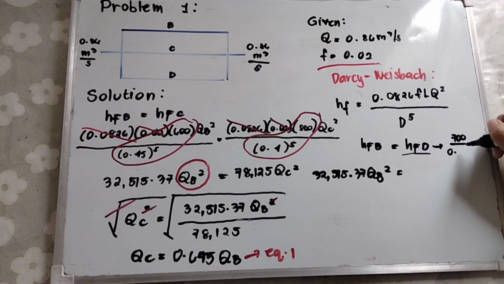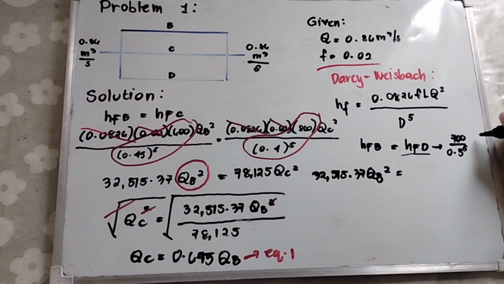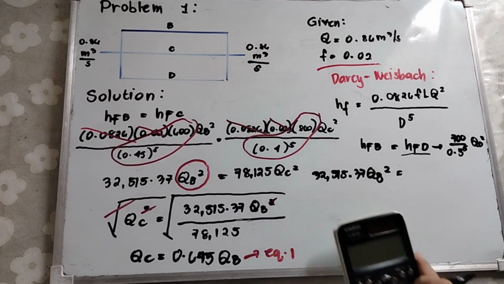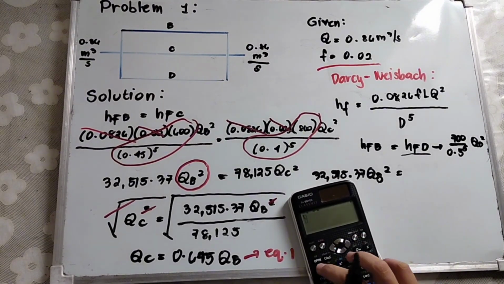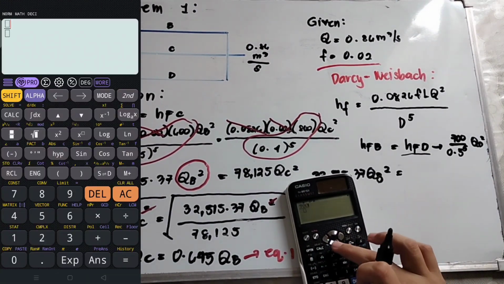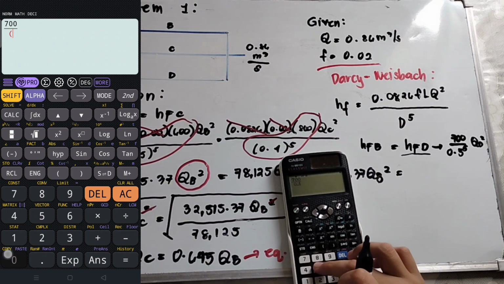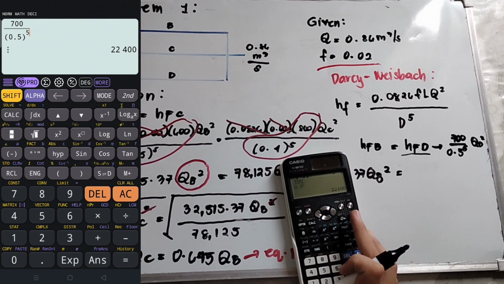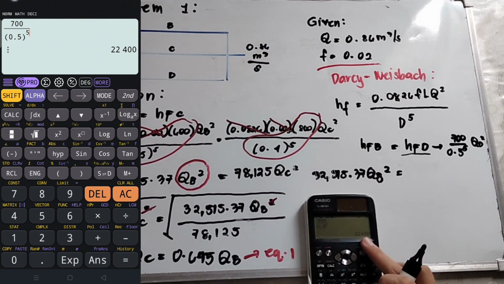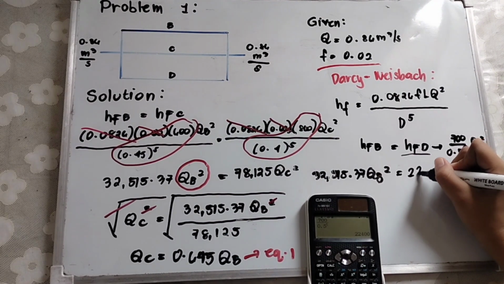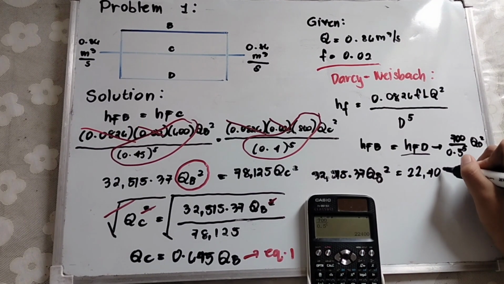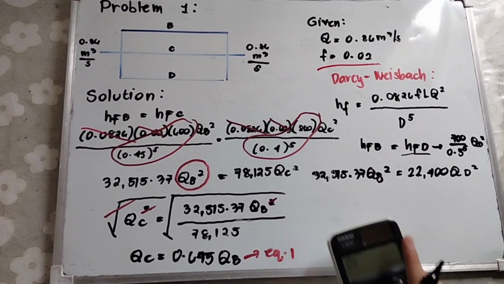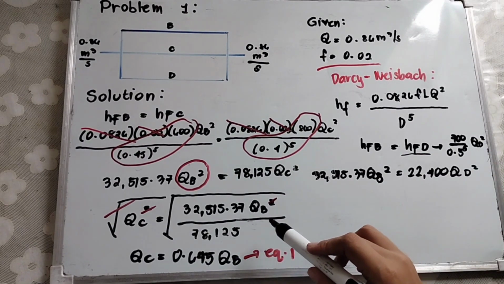So we'll have 700 over 0.5 raised to 5, and we can come up with an answer of 22,400 QD raised to 2.